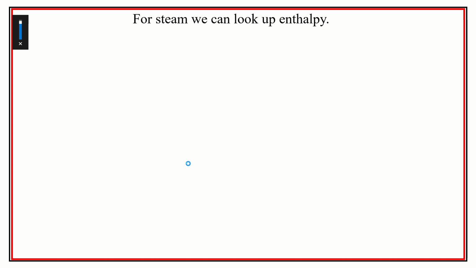And since it's a state property, we can look it up. And not just for steam, and by steam I don't just mean the vapor form of water, but any of the tables that have a phase transition, we can go ahead and look this up. For the mixed version of it, we probably already noticed in the tables there is an enthalpy entry.